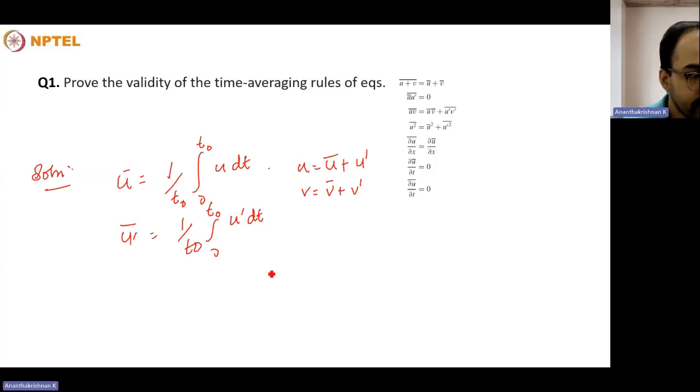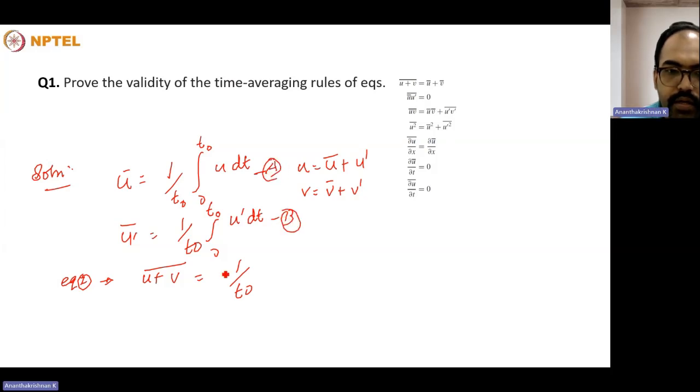The first equation says the average of U plus V is equal to U bar plus V bar. Using the definition of averaging, the average of U plus V will be equal to 1 by T0 times the integral from 0 to T0 of U plus V dt.